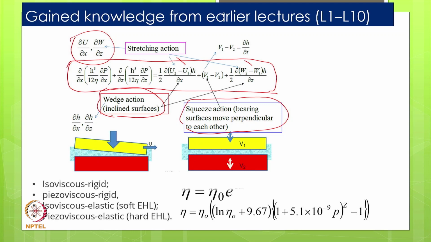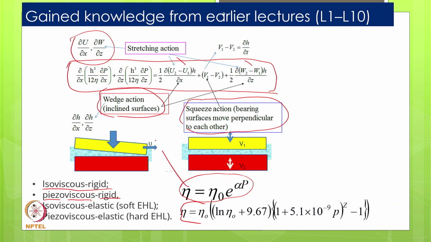If we simplify this expression and then categorize, what we studied earlier is something like isoviscous rigid surfaces, where viscosity is also not going to change. Second comes piezo-viscous rigid, where the elastic deformation is not considered, but for the piezo-viscous effect we consider either the Barus relation or Roelands' equation and incorporate it in the Reynolds equation.